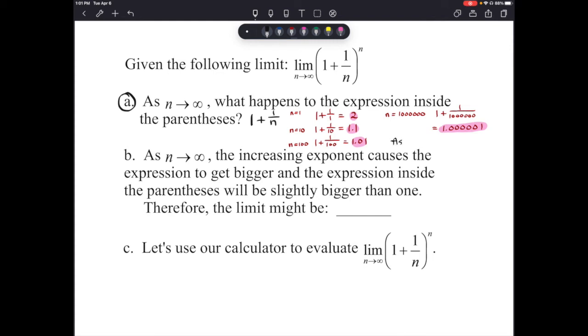So we'd say as n increases, our expression inside the parentheses becomes closer to the value of 1.